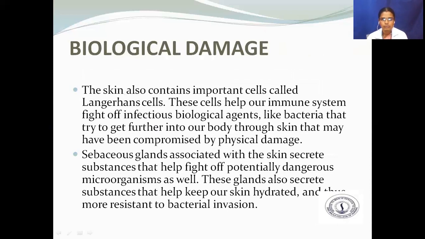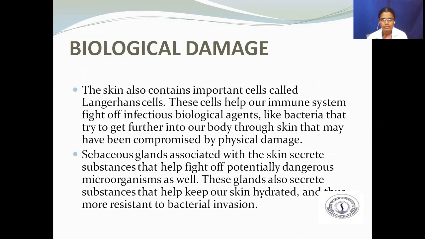The skin also contains important cells called Langerhans cells. These cells help our immune system fight off infectious biological agents like bacteria that try to get further in through skin that may have been compromised by physical damage. The sebaceous gland associated with the skin secretes substances that help fight off potentially dangerous microorganisms as well.